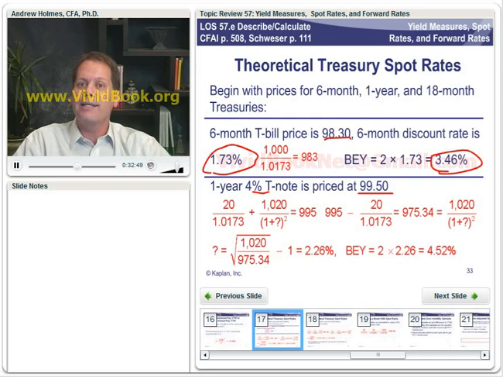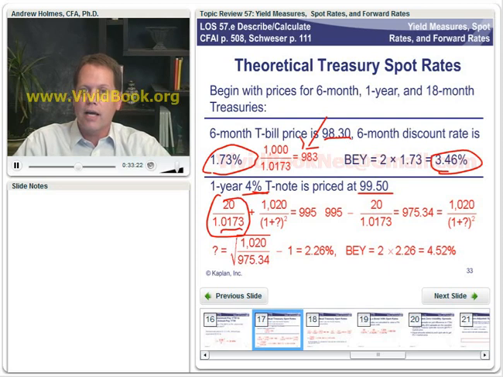Well, if I know that this is going to have cash flows at time 6 months of $20, time 1 year of $20, well, I already know from the example up here what I should discount the cash flows that come 6 months from now for this issuer. I should discount those at 3.46% or 1.73% stated as a semi-annual yield. So I know the present value, the price, $99.50.